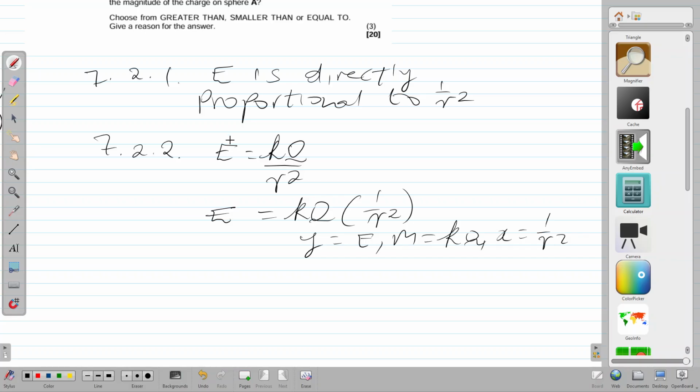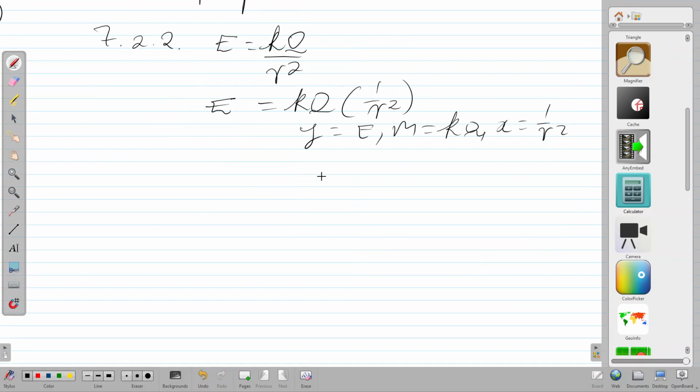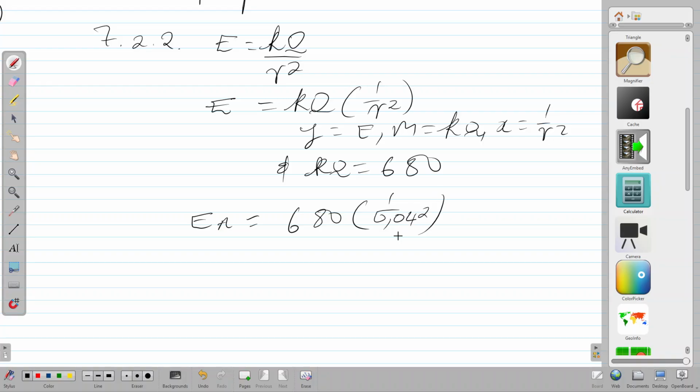So we're given x, and in this question we're given the magnitude of the gradient, that KQ is equal to 680. Therefore we want EA. From this equation we'll substitute in the place of KQ, which is our gradient, 680, and we are given 1 over r squared, which is 1 over 0.04 squared there.